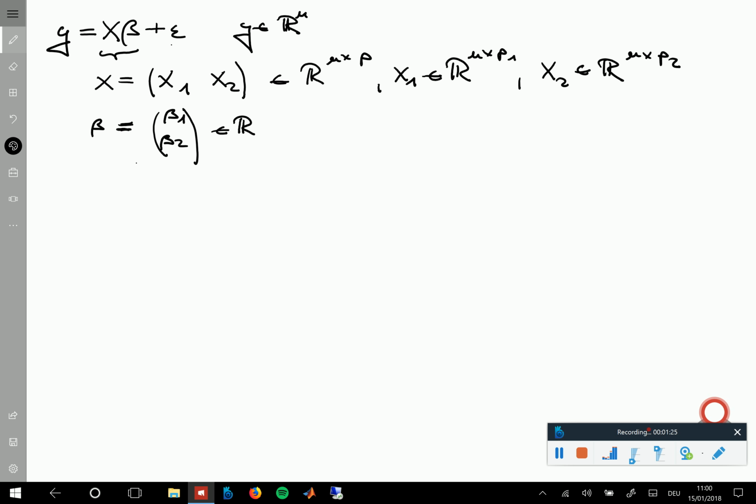So beta is p-dimensional, beta 1 is p1 dimensional, and beta 2 is p2 dimensional.